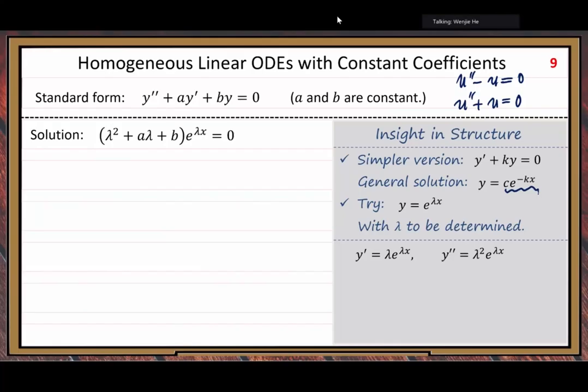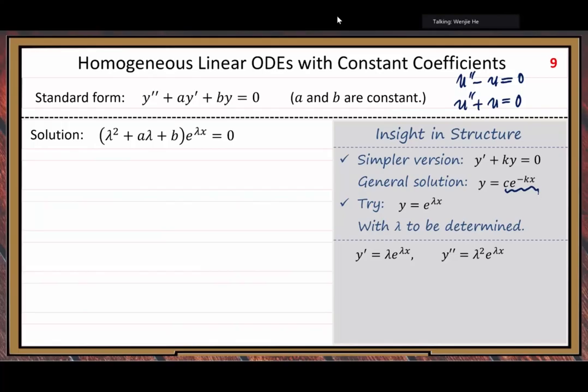After you factor it out, can you cancel out this exponential function from both sides? Is it okay, without any problem? Yes, because the exponential function can never be zero.